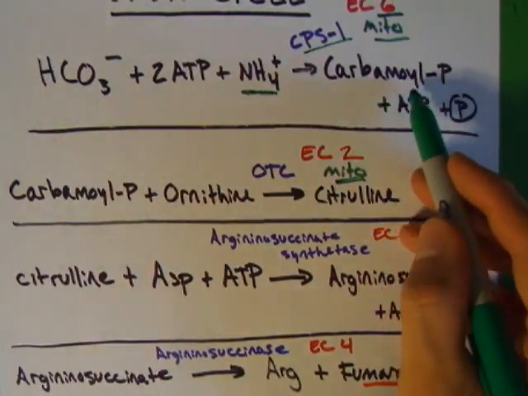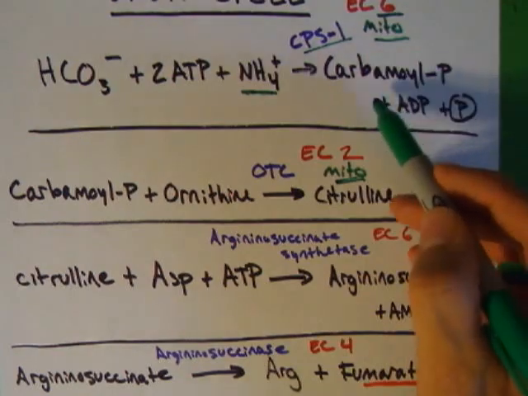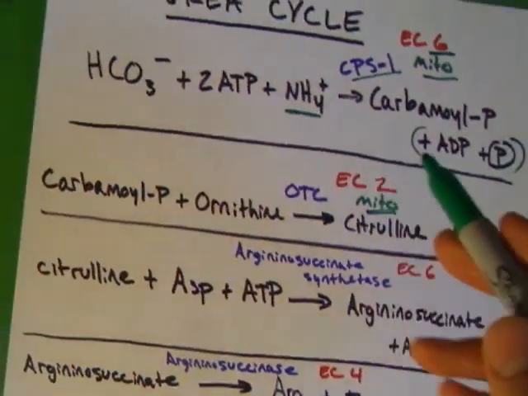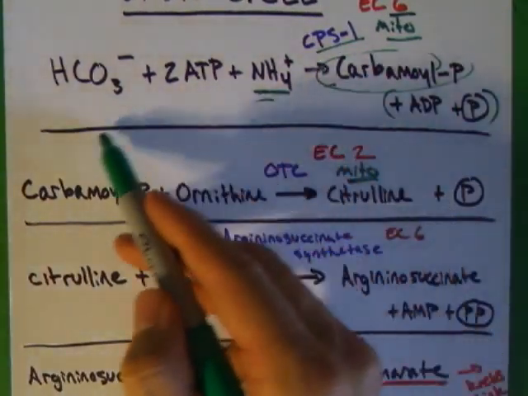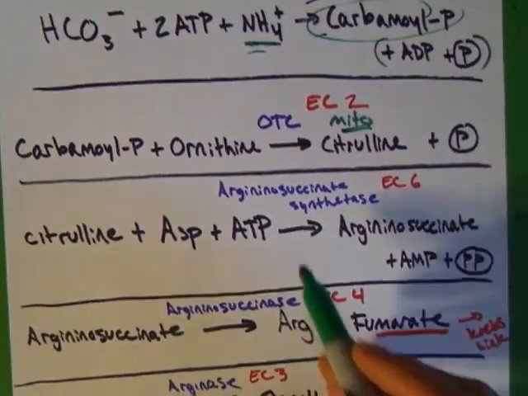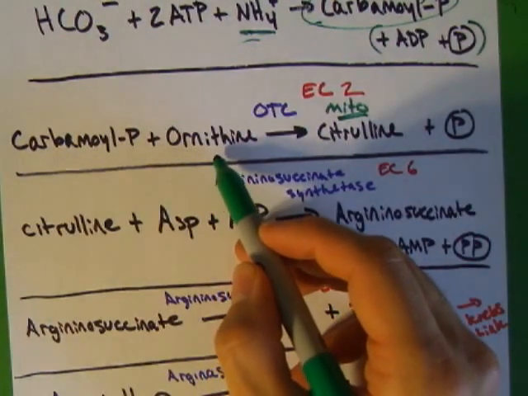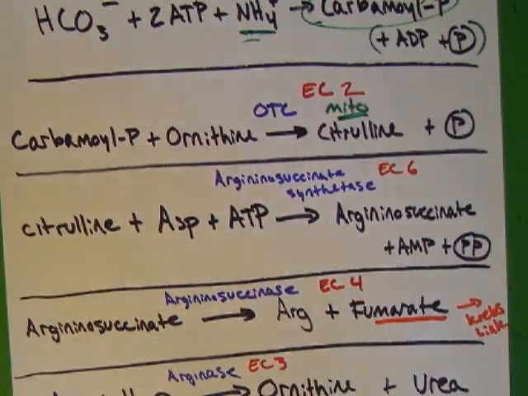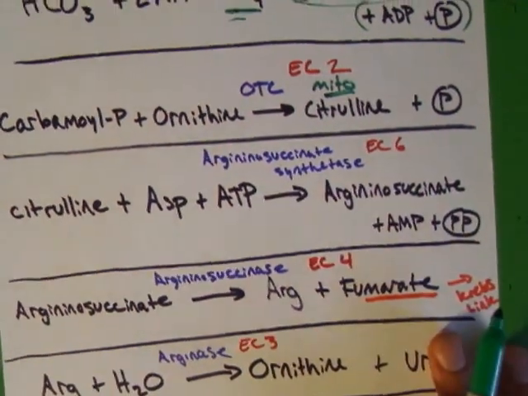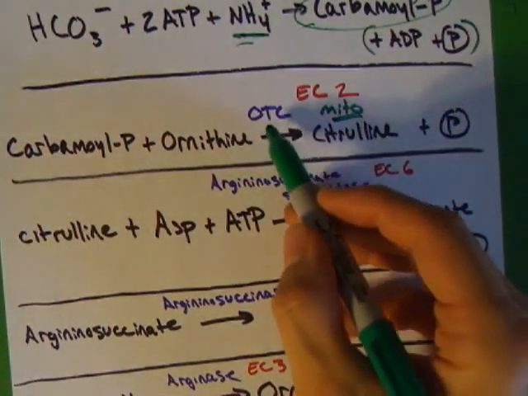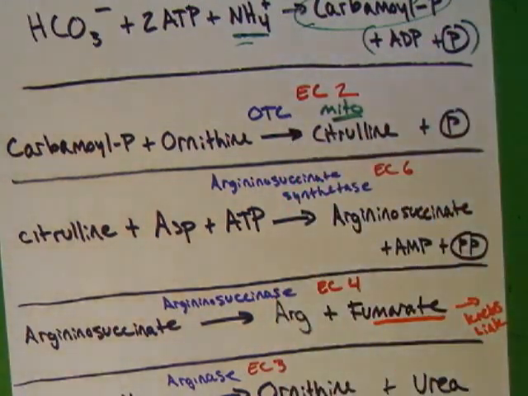So now you have this carbamyl phosphate and these byproducts, which no one really cares about. So the carbamyl phosphate is going to come down to the next reaction and react with ornithine, if I'm pronouncing that correctly. OTC is the enzyme for this reaction.